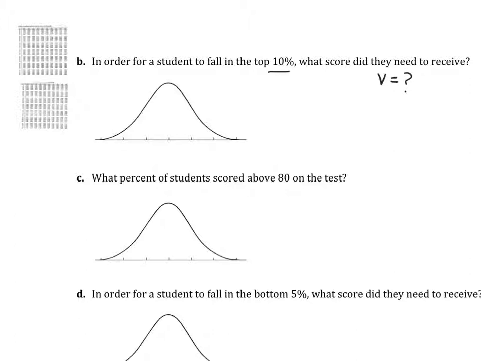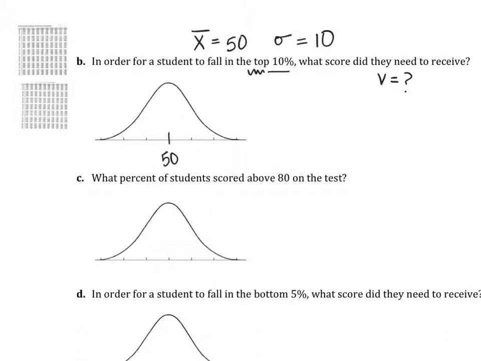And so we'll use the information from part A, where the mean is still 50 and the standard deviation is still 10. So the first thing you want to do is fill out your bell curve. You're going to put your mean in the middle. And then in the problem it says, in order for a student to fall in the top 10%, now that word top is important, we'll get to that in just a second, what score did they need to receive?